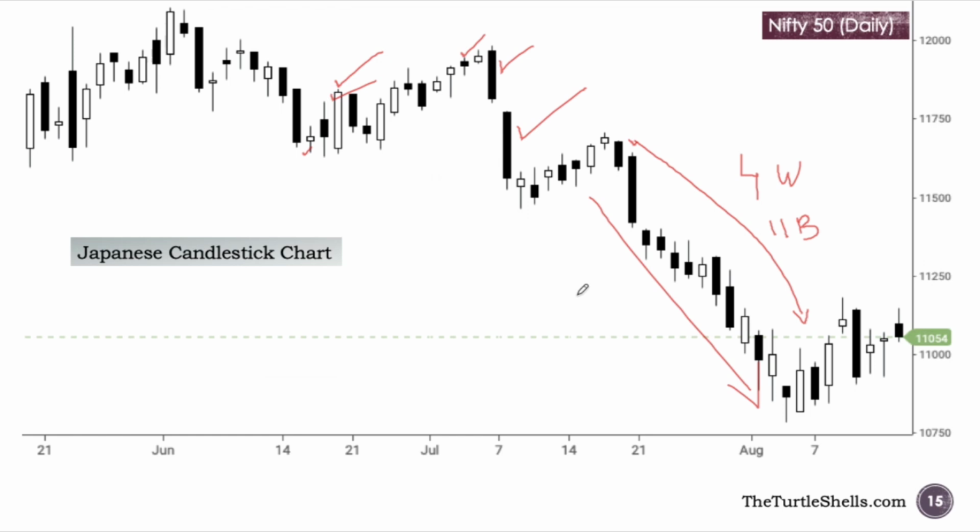You can have multiple shapes of shadows, and multiple lengths of shadows and bodies. Depending on these lengths and shapes, we can identify different patterns in the market, which will give us more insights into the market. Okay.